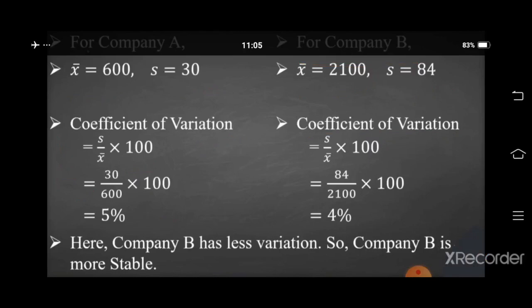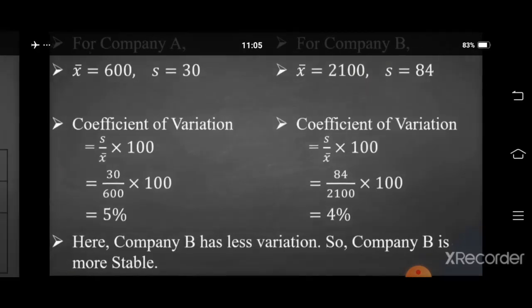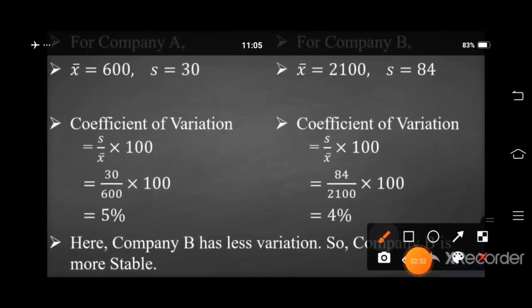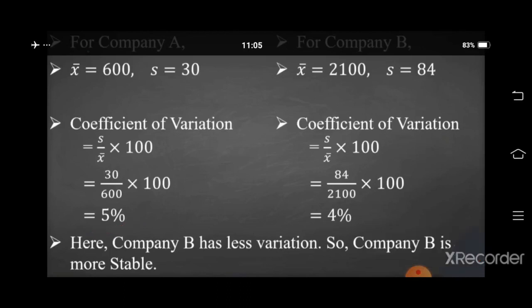Now here company B has less variation, and here 5% is more variation. So the coefficient of variation of daily salary of employees of company A is 5%, and that of company B is 4%. Hence the daily salary in company B is more stable.